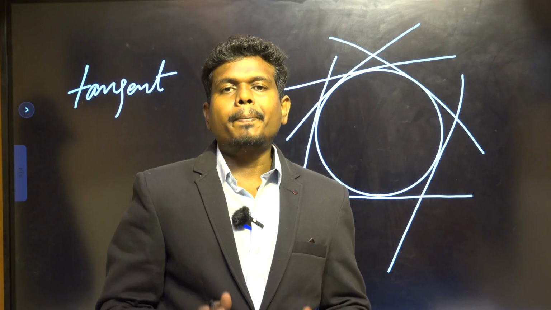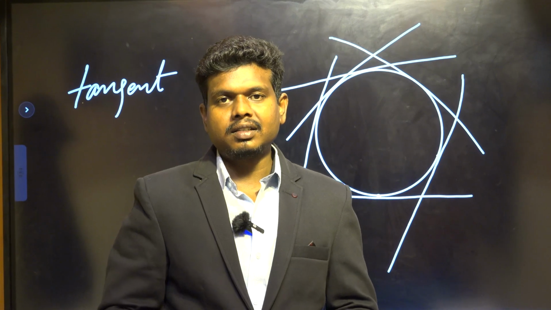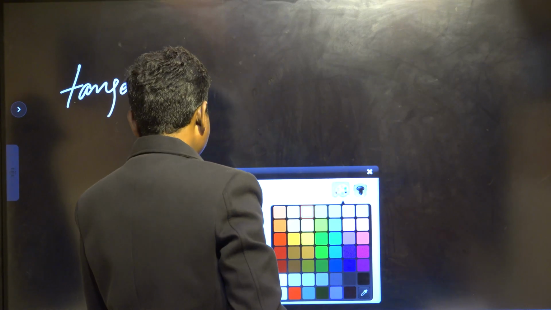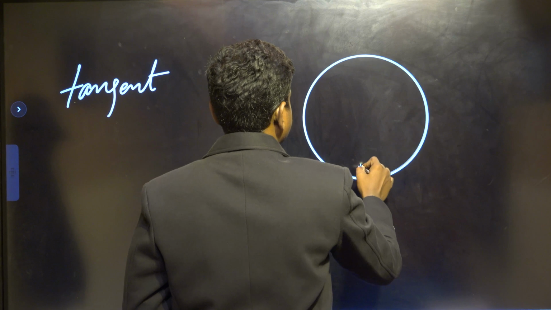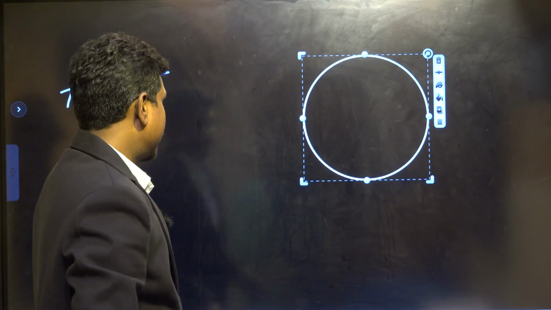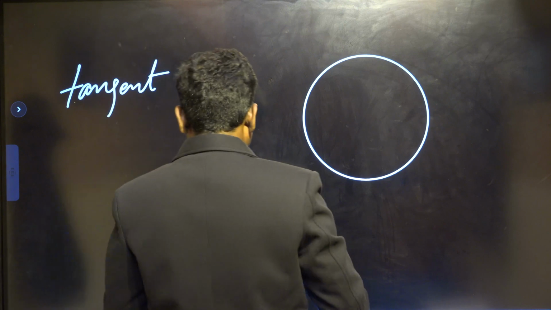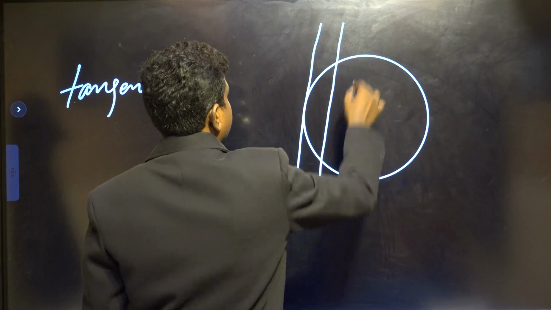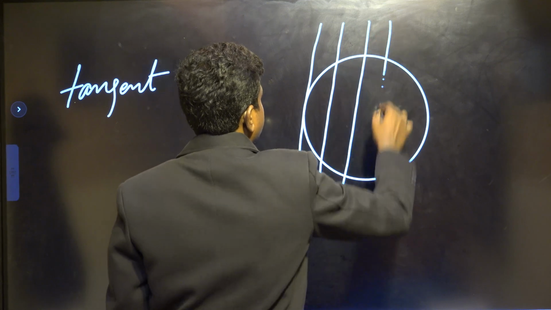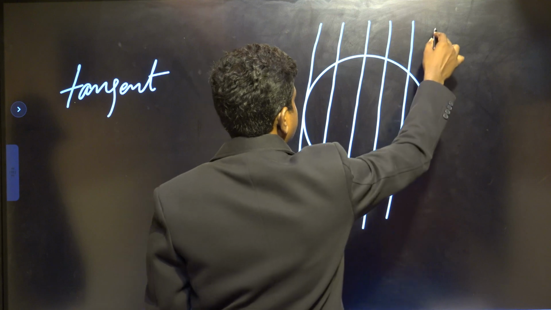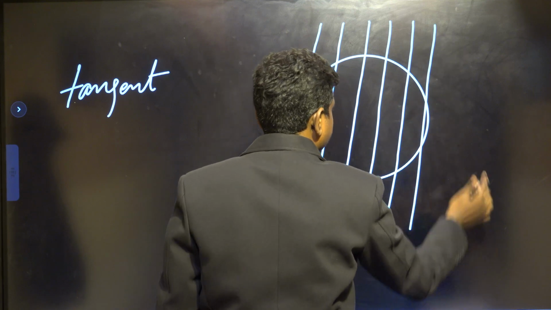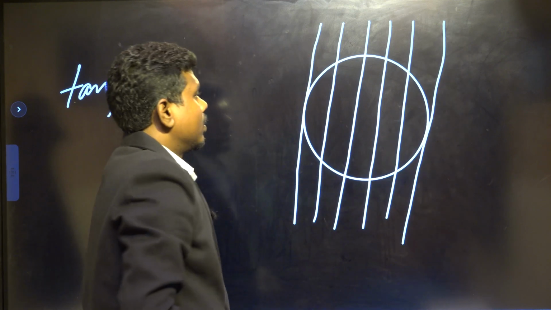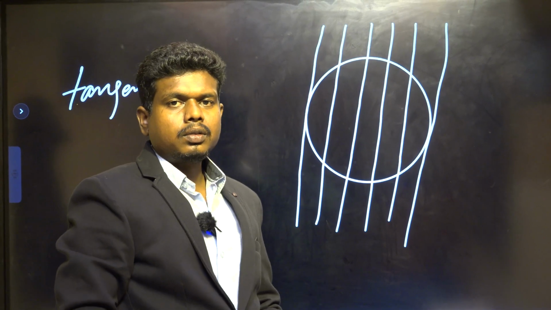Now, I am going to draw parallel lines intersecting the circle. Let's see what we can conclude from that. Again, I am going to consider a circle, and in this circle, I am going to draw parallel lines intersecting the circle. So from this diagram, what do we observe?